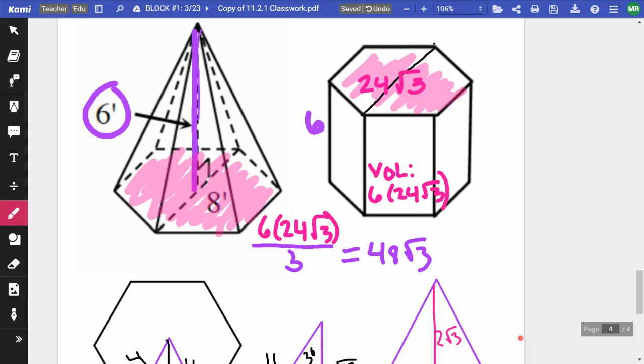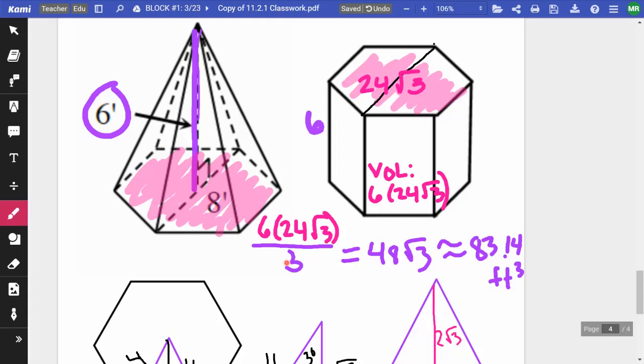Again, 6 divided by 3 is 2, 2 times 24 is 48, so 48 root 3, which is about, if I put it in my calculator, 83.14. And this is feet cubed.